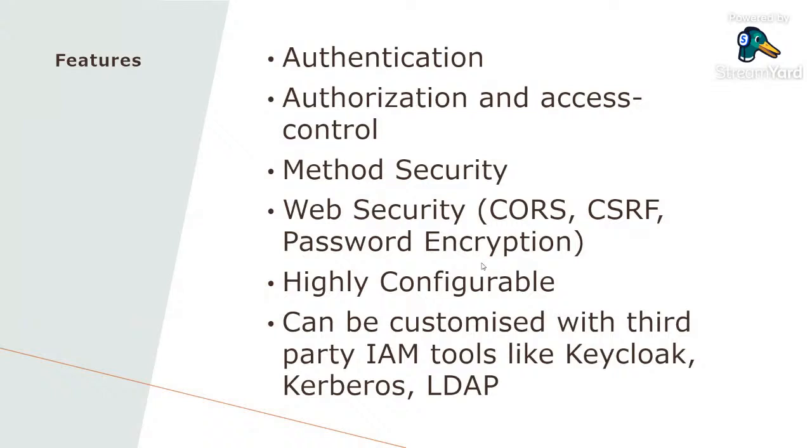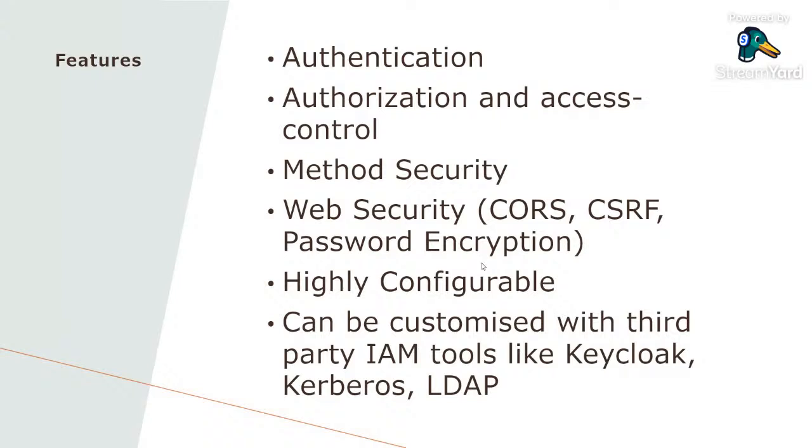So what are the features of Spring Security? Exactly: authentication, authorization, access control. We have method security. Let's say there's an application and you want to share a document, like a Word document. Right now you have the rights: can view, can edit. This is called method security.